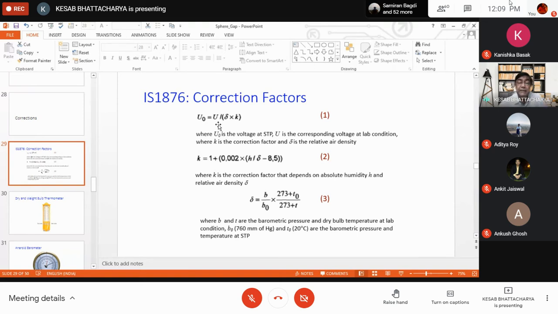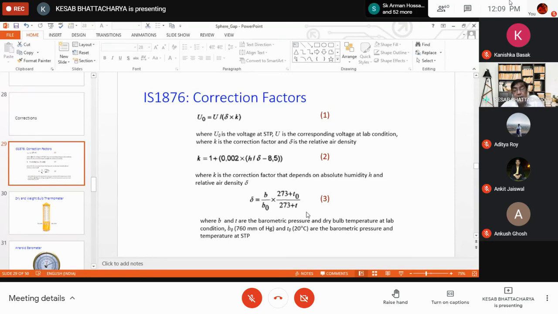the air density correction factor that is calculated as shown in equation 3, B by B0 into 273 plus T0 by 273 plus T, where B0 is the barometric pressure at standard pressure 760 millimeter of mercury, and T0 is the standard ambient temperature, that is 20 degrees centigrade, and B is the current barometric pressure, and T is the current temperature reading.